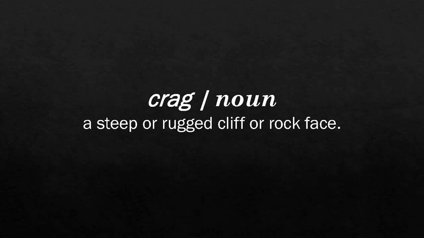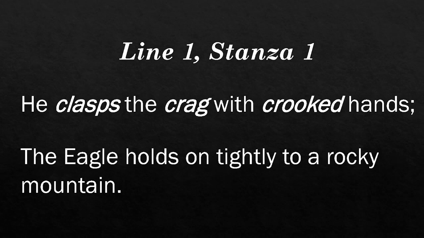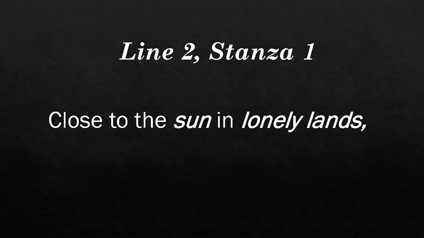It is important to understand that the poet talks about the natural power of the eagle in the first line, where he says that the bird known as the eagle is capable of holding on tightly to a rocky mountain. Which brings us to the second line of the first stanza, close to the sun in lonely lands.